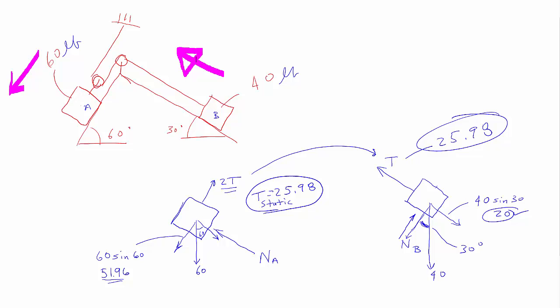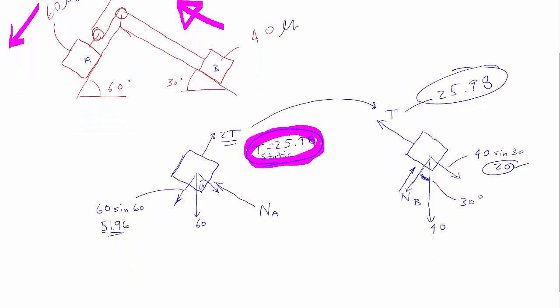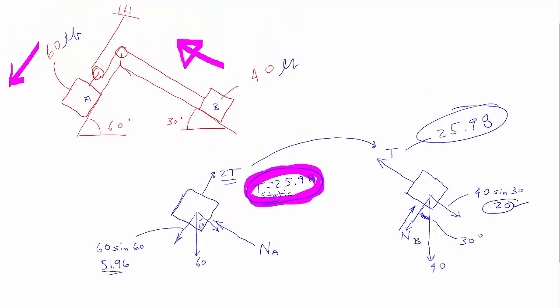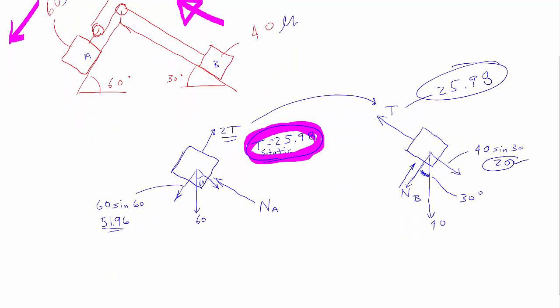Now that we established that, the first thing you recognize is this is not going to be the value for the dynamic tension. And we can prove that in a minute. But for right now, we're just going to say, okay, we know now the direction it moved.